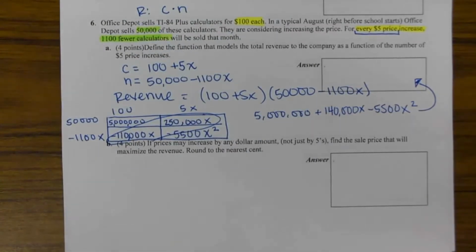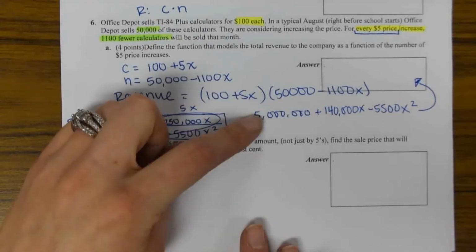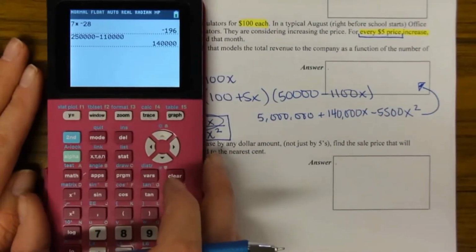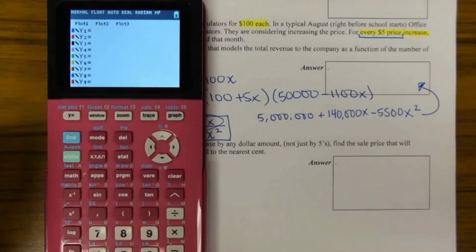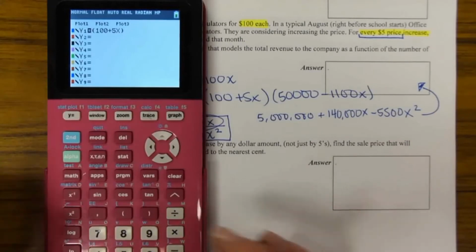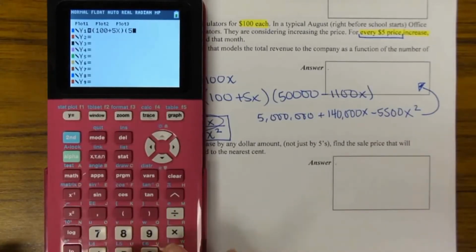If you want to double check to make sure that you multiplied correctly, you could put both of these into your calculator and make sure that you get the same answer. So let's just practice that because we like to double check ourselves. I'll go into y equals, and I will put our original, which was 100 plus 5x, that's our cost equation, times our numbers sold equation.